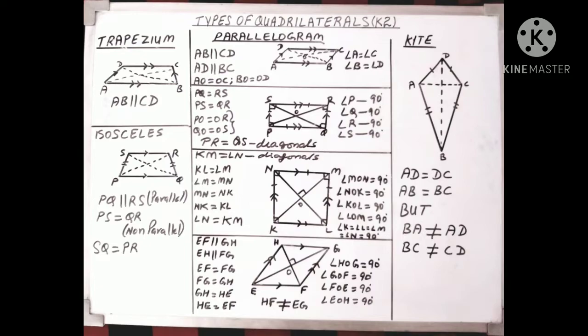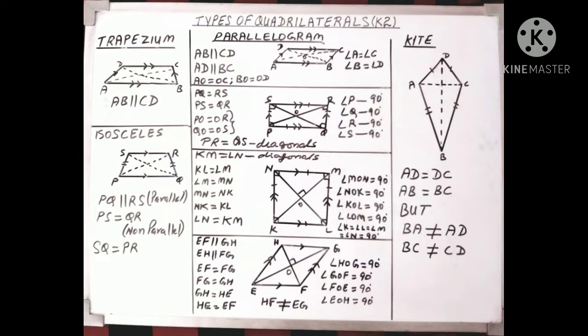And on the right side I have said about the angles. Angle HOG is equal to 90 degree, angle GOF is equal to 90 degree, angle FOE is equal to 90 degree, and angle EOH is equal to 90 degree.